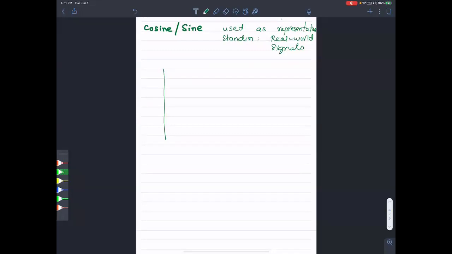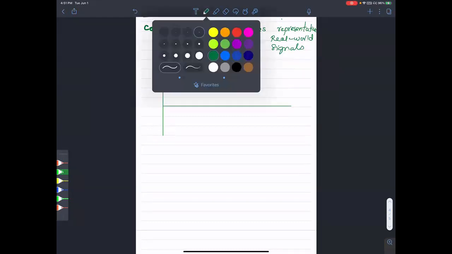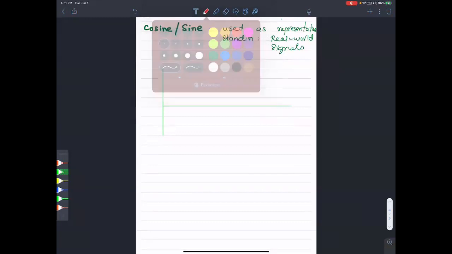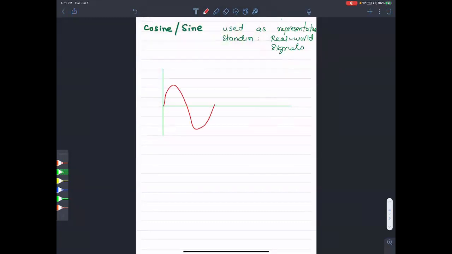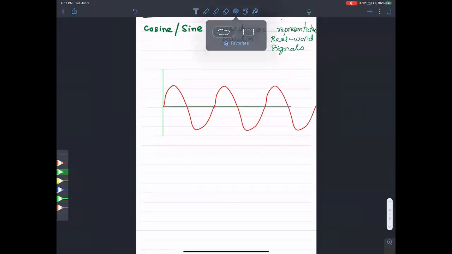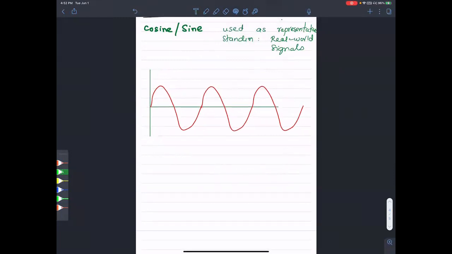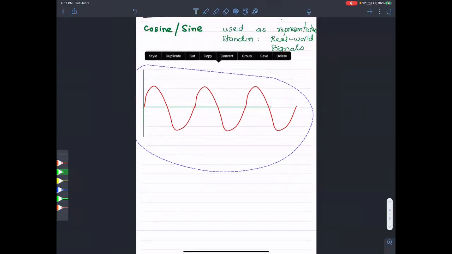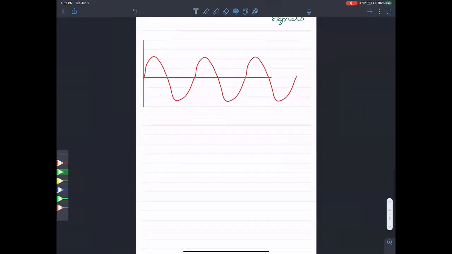Let's begin by drawing the sinusoid, which you should be familiar with from your high school or from your engineering courses. Let me simply do that, as a representative sine wave, and try to understand the different aspects of it.